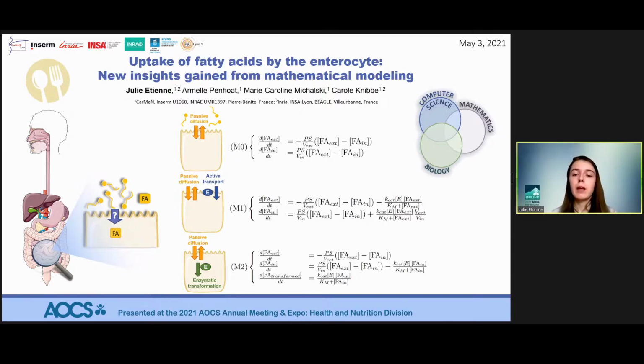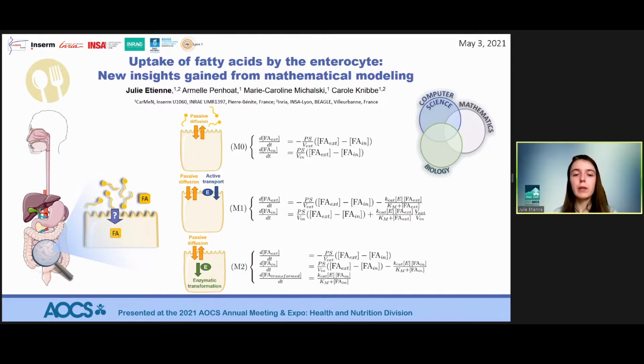And finally, model M2 considers an uptake by passive diffusion, followed by an enzymatic transformation of fatty acids inside the cells. And this we know occurs because fatty acids are transformed to be reesterified into triglycerides.